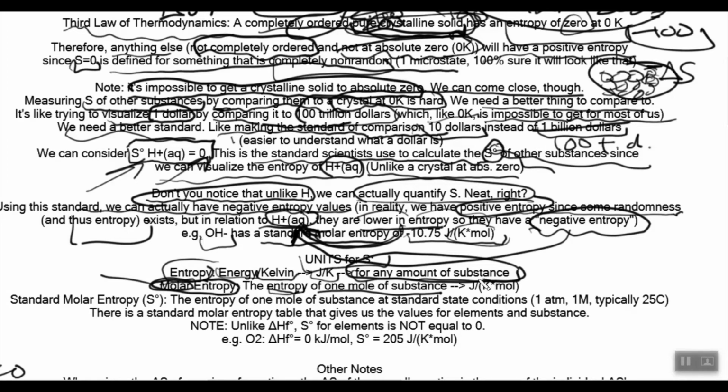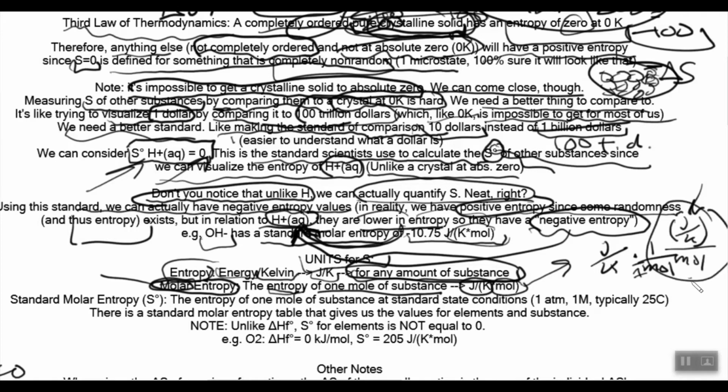So we have J/K, but we also have to divide it by 1 mole to get the amount of entropy per 1 mole. So this is the units for entropy, and it's per mole.